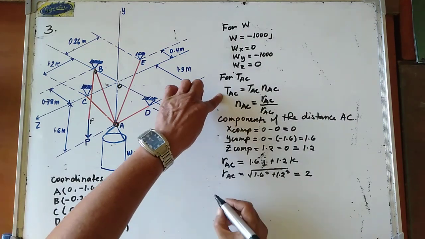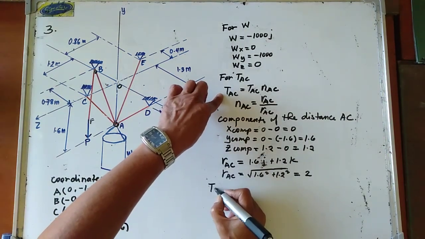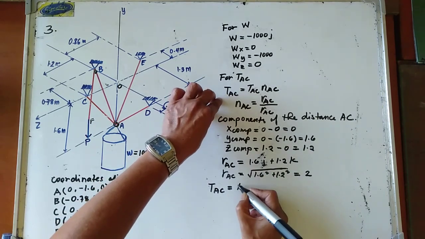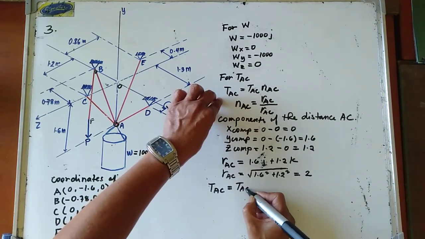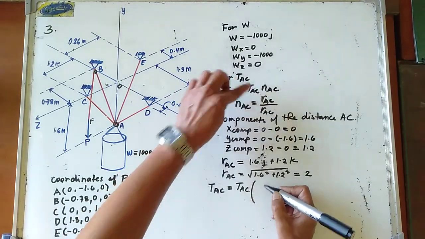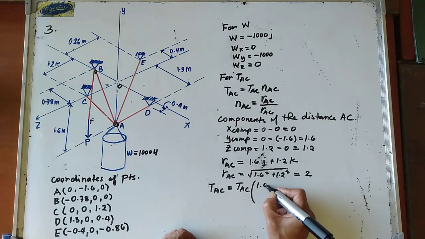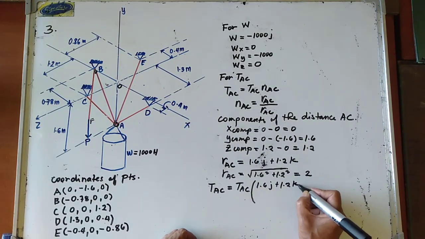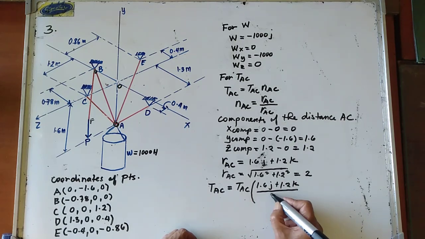Hence, your TAC is now equal to its magnitude times the unit vector AC, that is 1.6j plus 1.2k all over 2.